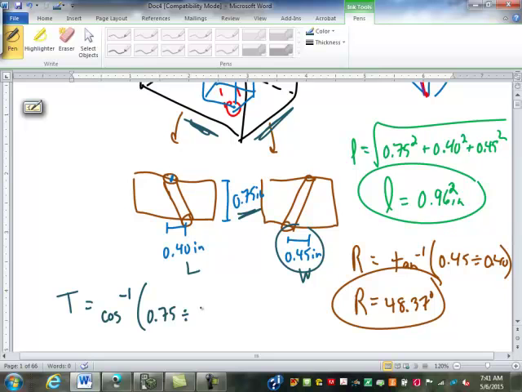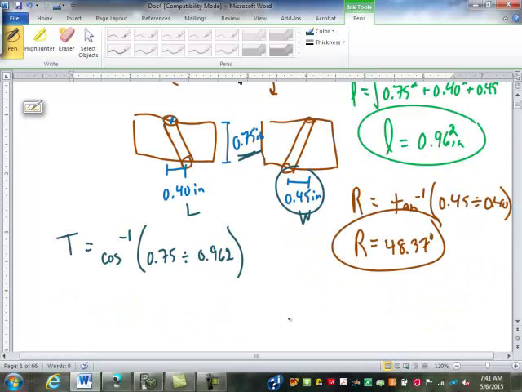That height divided by the length of the bore, which comes out to be 38.76 degrees? So did you guys get 0.962 for the length, R of 48.37 and T of 38.76?